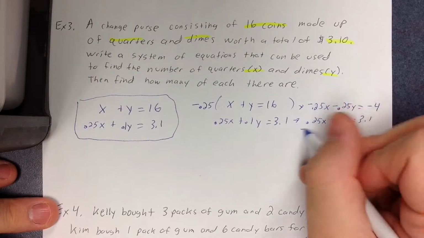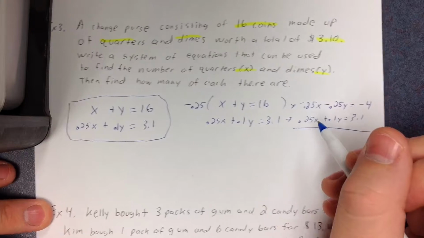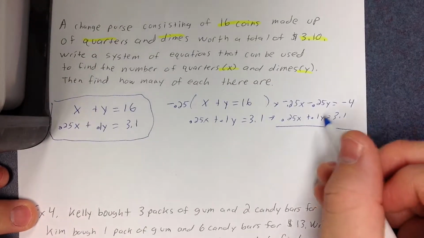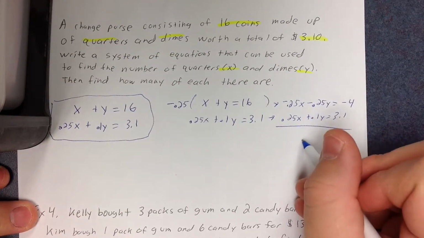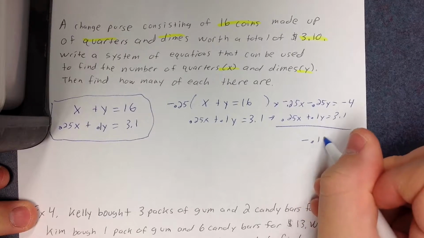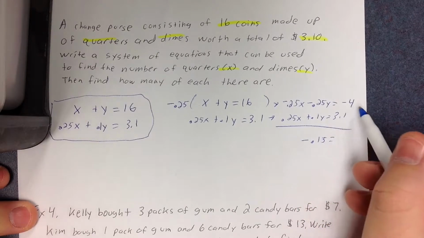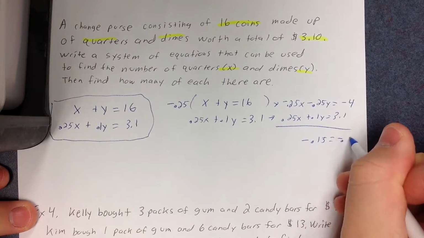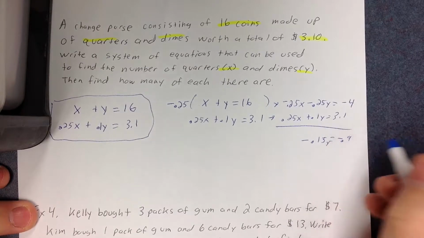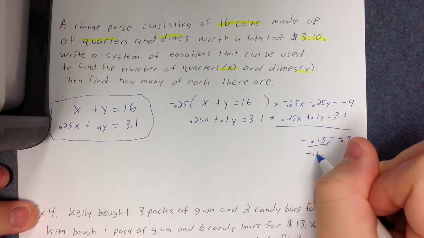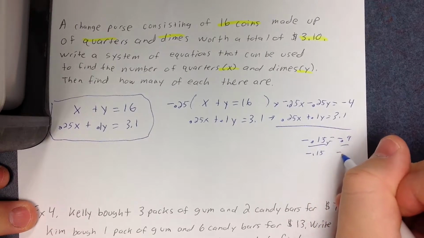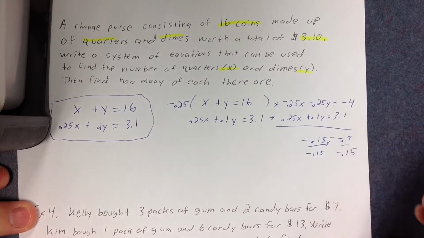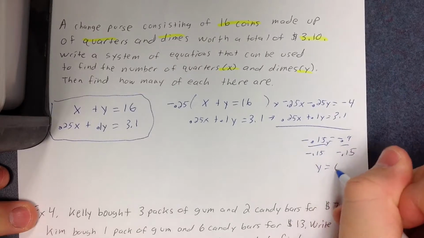So now, if I add those two together, that cancels. Negative 0.25 and 0.1 is negative 0.15 equals negative $4 and 3.1 is negative 0.9. And if I divide both sides by a negative 0.15, I get y equals 6.